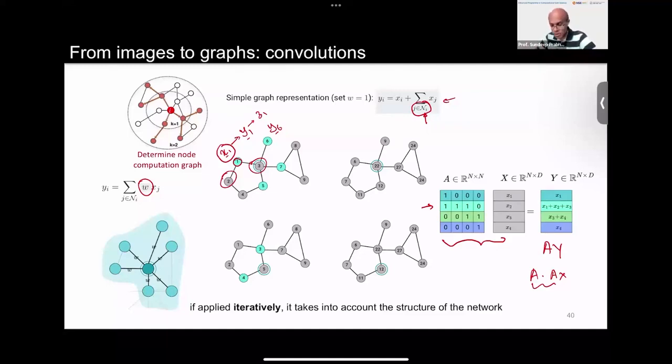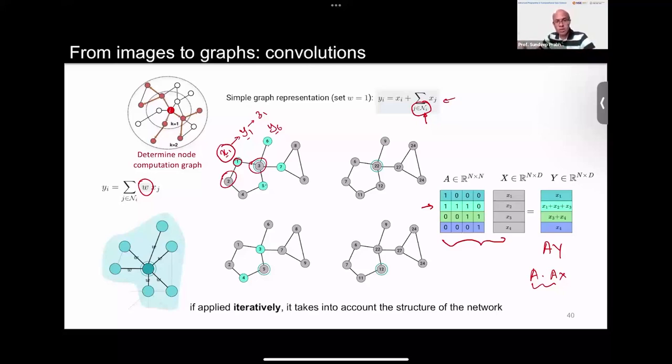So depending on how deep you want to go to aggregate information, whether I want to use my one hop or two hop neighborhood, the two hop neighborhood of node 1, for instance, is nodes 6, 5, 7, and 4 as well. These are two hops away, not just one hop away.